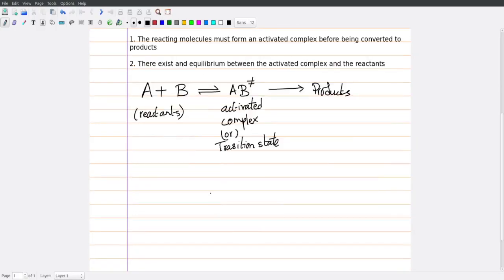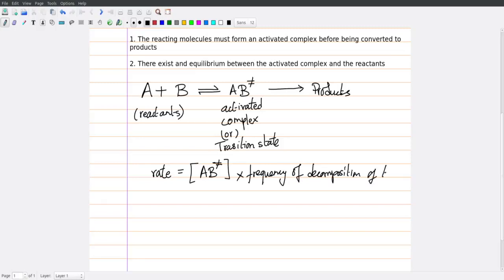Now what is the rate? According to this theory, the rate of the reaction is given by the concentration of the activated complex times the frequency of decomposition of the activated complex.